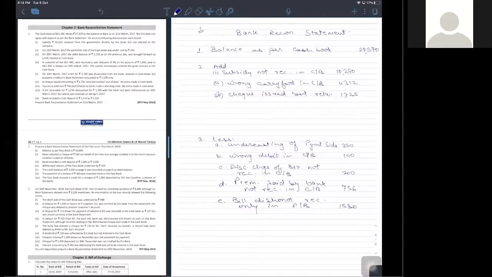So there is no effect in the cash book, but there is the effect in the passbook. Therefore CB to PB less.